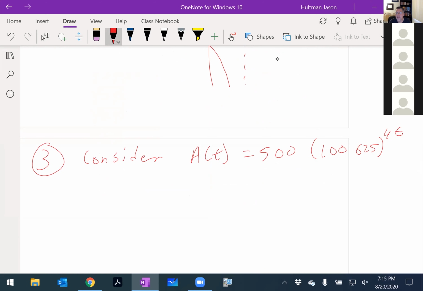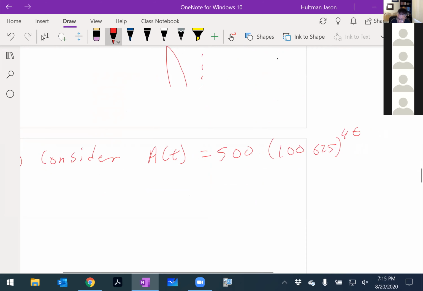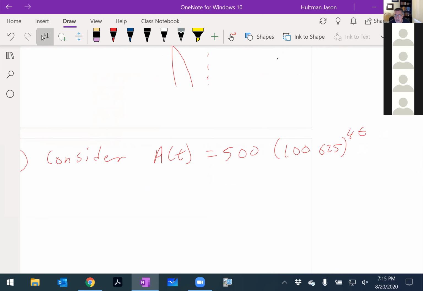Okay, so compound interest here, right? What's the principal? 500. Yeah, principal is 500. So the principal is $500. Initially invest $500. How many times am I compounding this in a year? 4. Yeah, n is equal to 4.